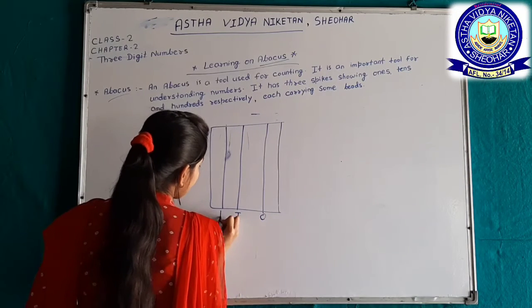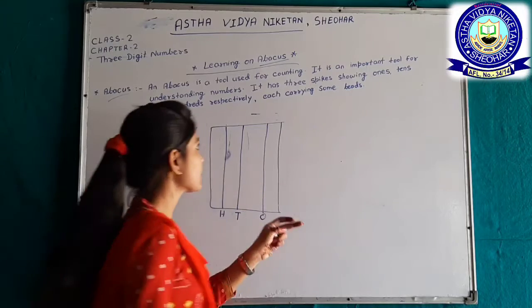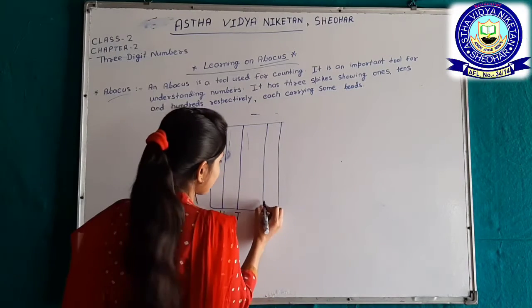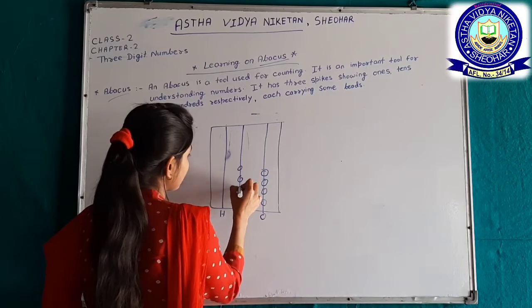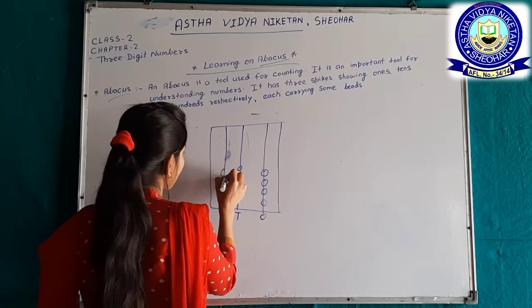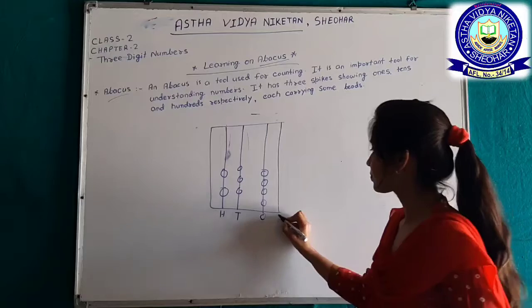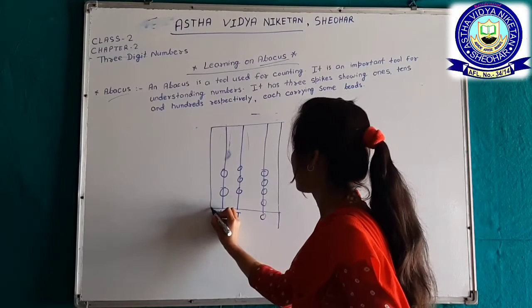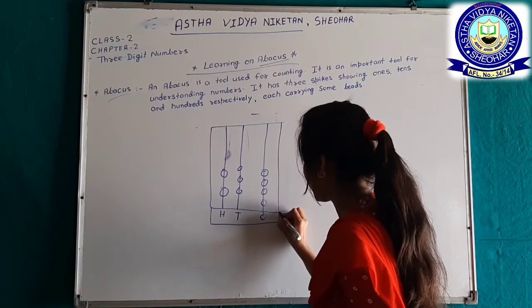Ones, tens, and hundred. These 3 are our spikes. Here are some beads. 1, 2, 3, 4, 3, 1 and 2. This is our abacus. With the help of abacus, we can count numbers and digits.